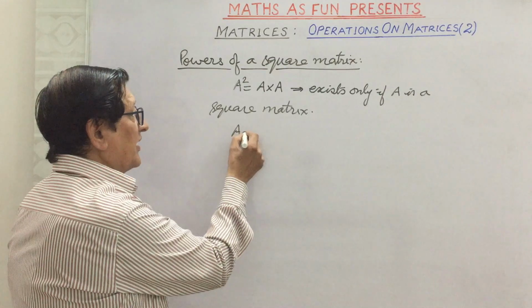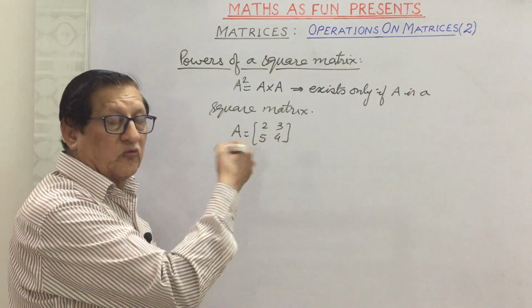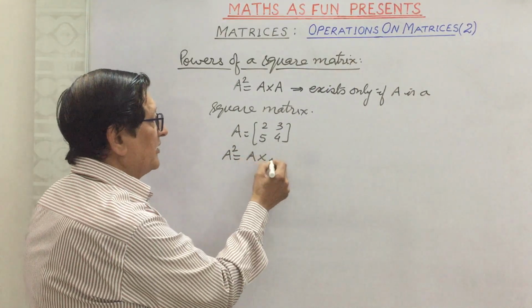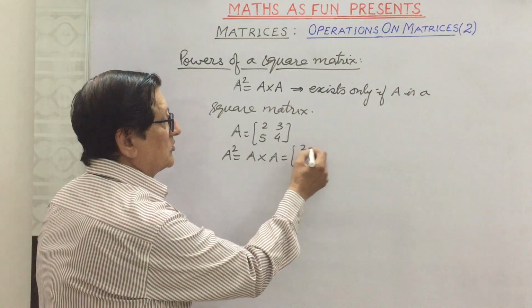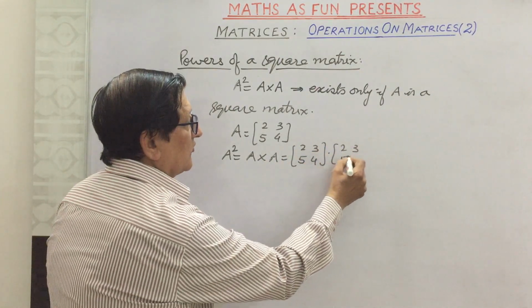Suppose we have A as [2, 3; 5, 4] and we want to find out A square. Then we'll write A square equal to A into A, which is equal to [2, 3; 5, 4] into [2, 3; 5, 4].